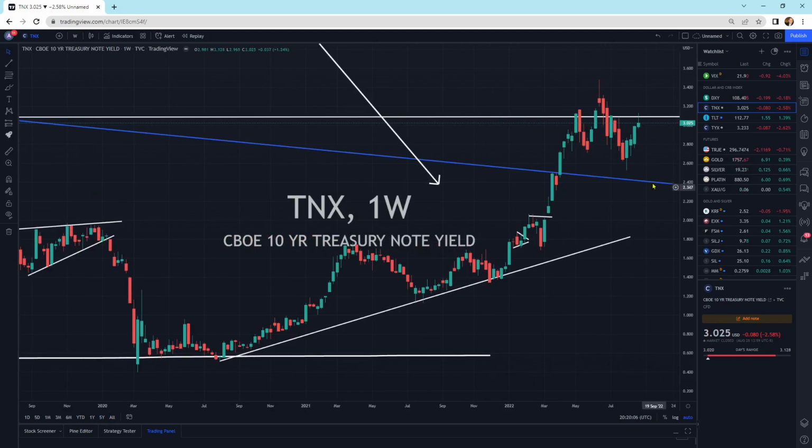So we could head lower and come all the way back to 2.5% again if there's a scare in the market. This is very highly correlated to oil. If oil goes higher, I think this is going to go higher. If we come back in the fall, and I know they're trying to suppress the price of oil through whatever means, and I know Saudi Arabia is kind of going at it by cutting back on production.